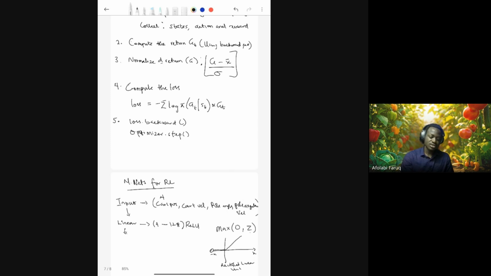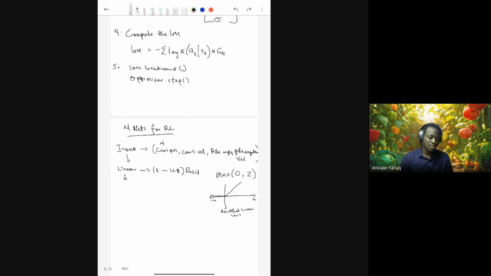Now the next thing we have is another linear layer. Here you have 128, and then we use ReLU as well. So that's 128 linear units.